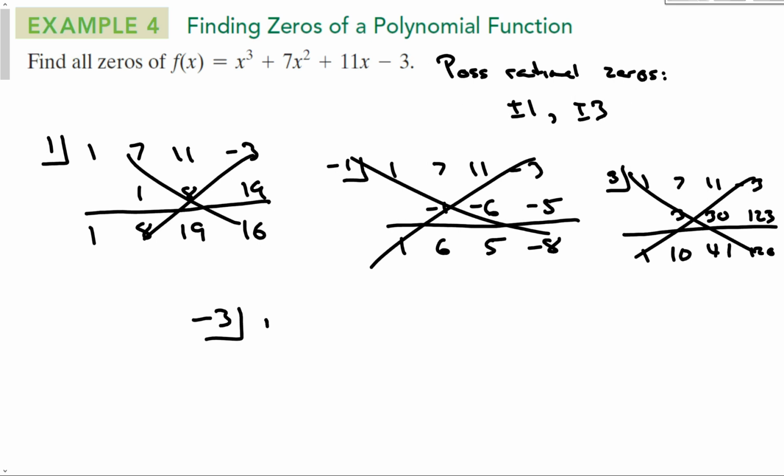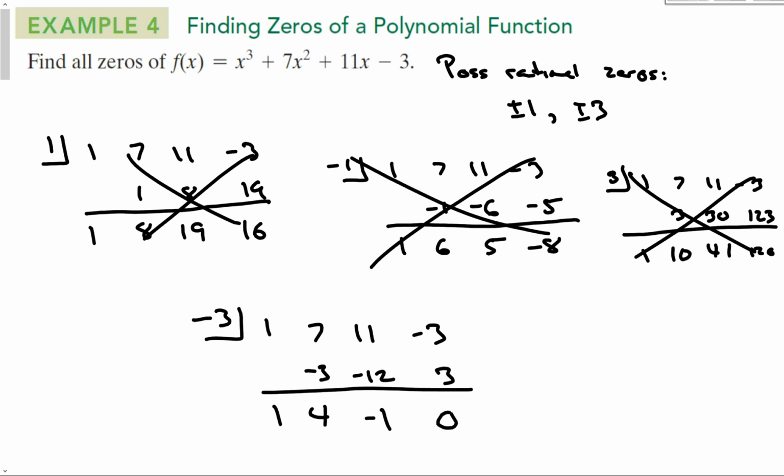That's 1, 7, 11, negative 3. Bring down the 1. Multiply. Add them together, 4. Multiply, that's negative 12. Add them together, that's negative 1. Multiply together, we get a 3. And look at that. There is my new polynomial function.